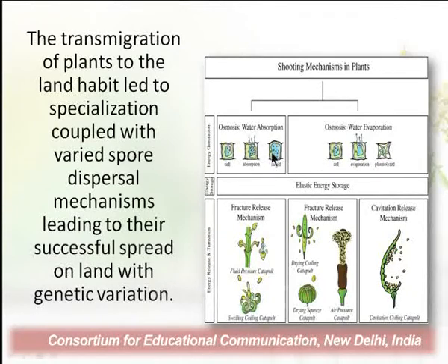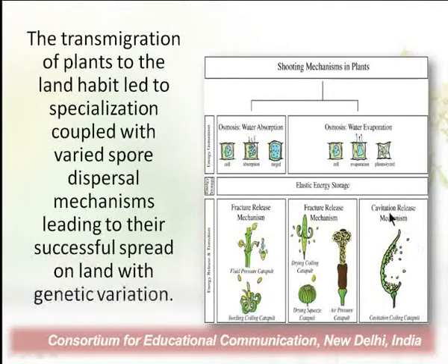This transition between turgid and flaccid cells creates elastic energy. This elastic energy is utilized in the spore dispersal mechanism. It is the energy which ensures abrupt throwing of spores from their sporangium.